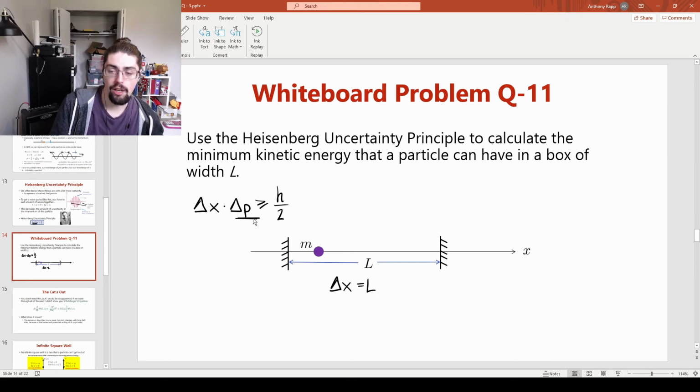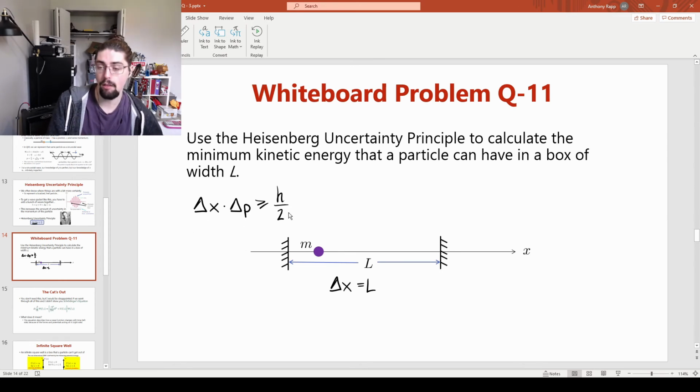I can't ever say that delta p is equal to 0, because if delta p is equal to 0, then delta x must be infinity, or else this relationship does not hold true. So delta p has to be some minimum value, given that we already know what delta x is supposed to be.